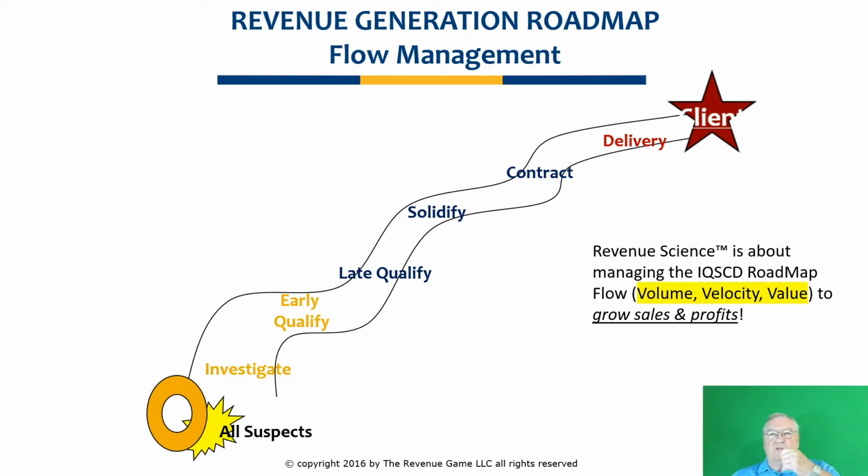So if you look to that text that says revenue science is about managing the IQSCD roadmap for flow. And flow is made up of volume, how many of those O's, those offers, run up this map, velocity, how fast do they run up this map, and value, how much will the buyer pay for those.